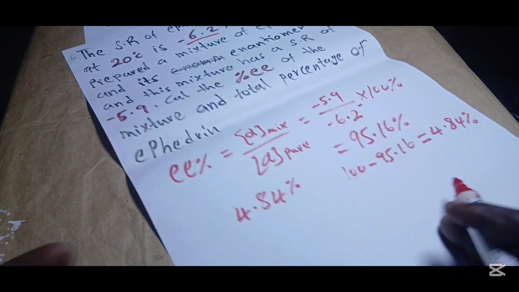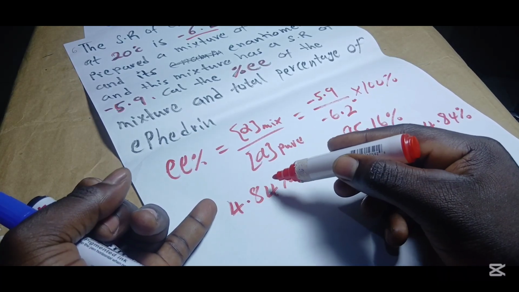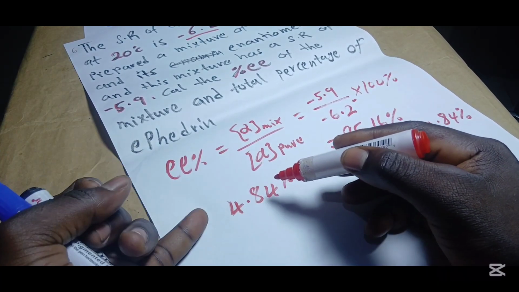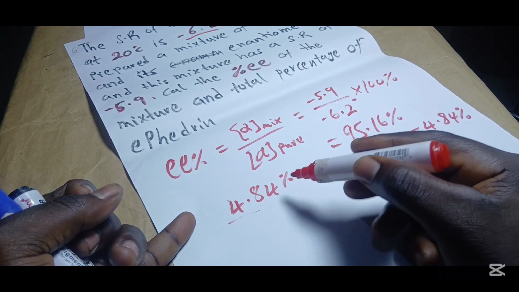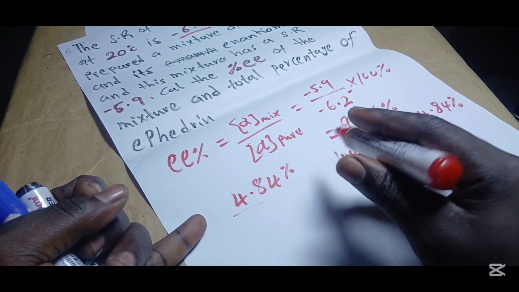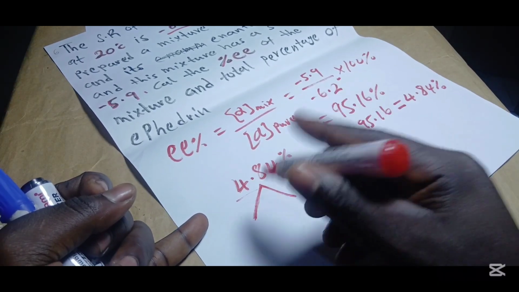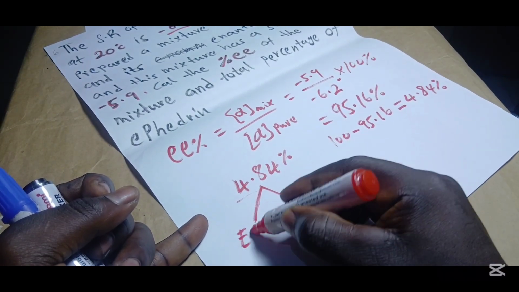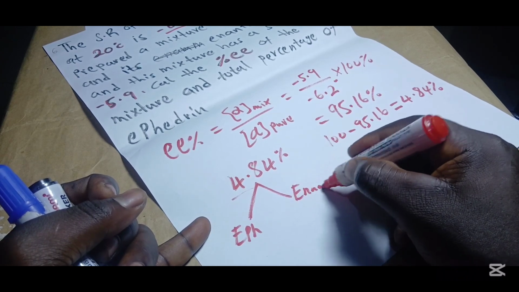It means ephedrine and its enantiomer came together to form a racemic mixture of 4.84%. Now let's divide this into 2 exactly, to get that of ephedrine and its enantiomer.